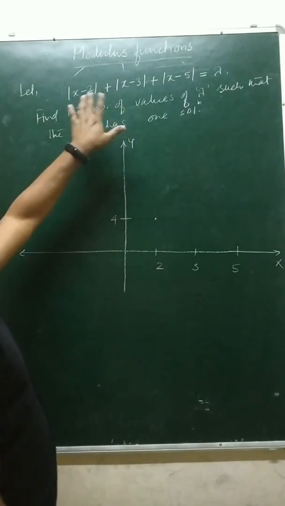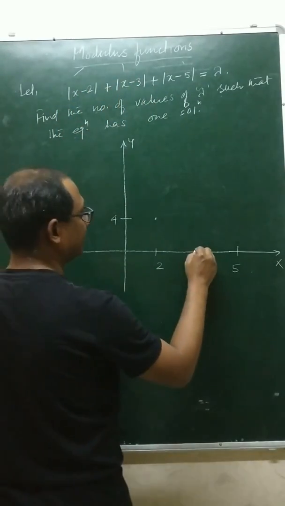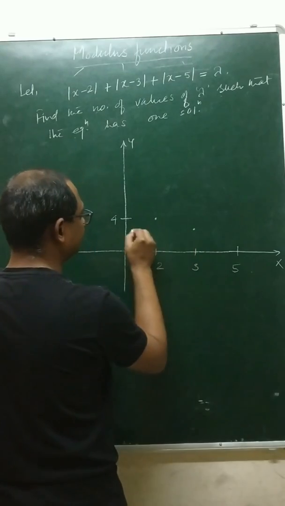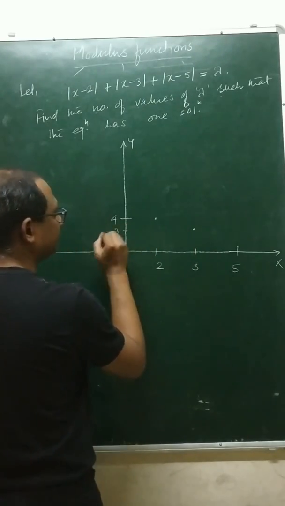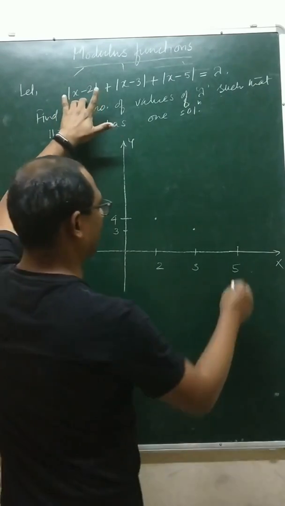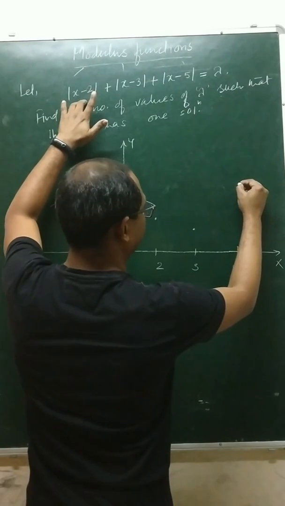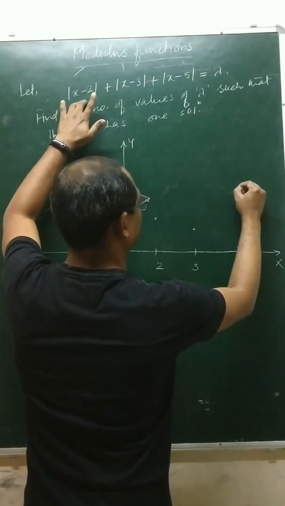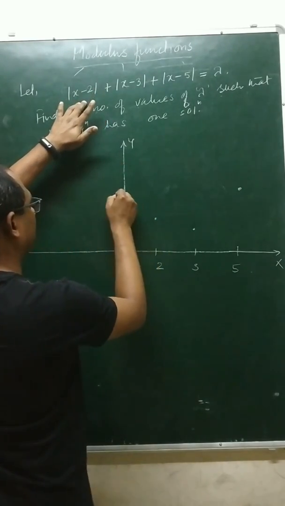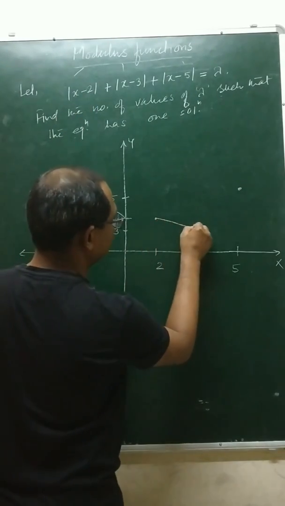At 3, I'm going to get 1 plus 2, that is 3. At 5, we are going to get 3 plus 2, 5. So the graph will look obviously like this.